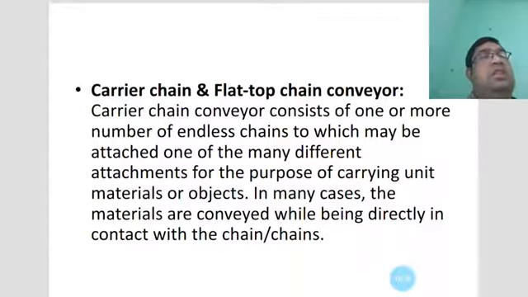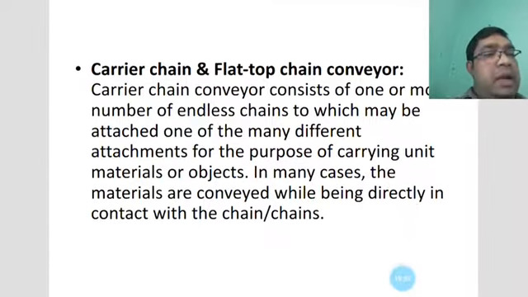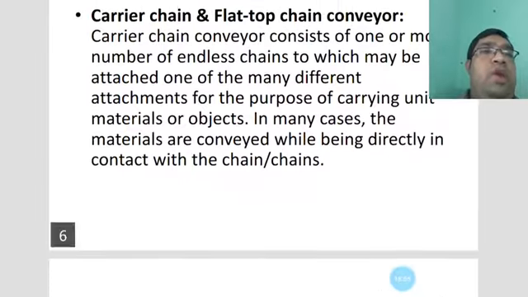Basically this is the carrier chain, and the more endless chains will be connected, to which different attachments will also be there, for the purpose of carrying materials or objects, conveyed while being directly in contact with the chain, and the flat top chain.